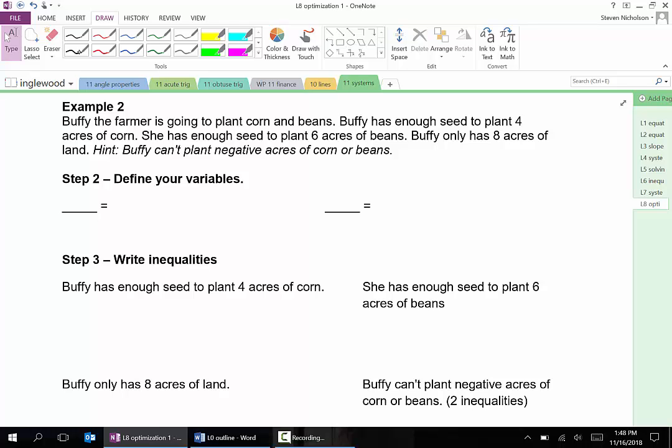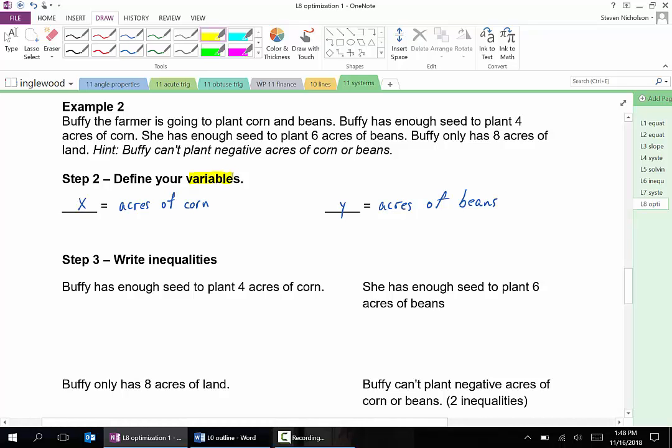So again, what we might decide is, well, X is the acres of corn. Now, if you did this yourself and you said X is the acres of beans, it really doesn't make a difference. As long as one of them is X and one of them is Y, and Y then would be the acres of beans.